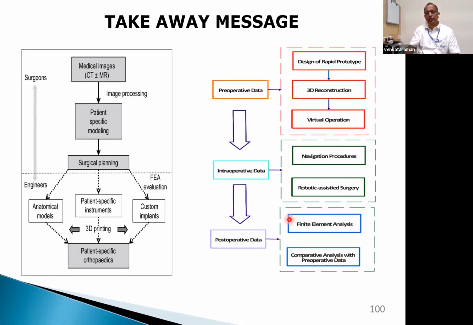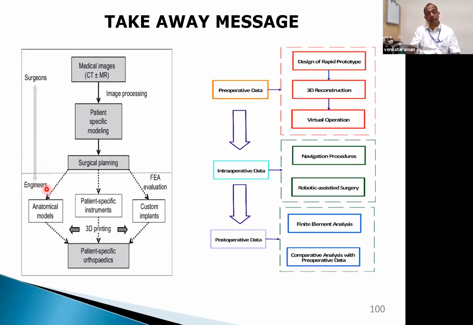And post-operatively, as the engineering friends have discussed, finite element analysis can be done, because all these data are stored for every joint, and we get final data where we can present papers or compare with other colleagues.